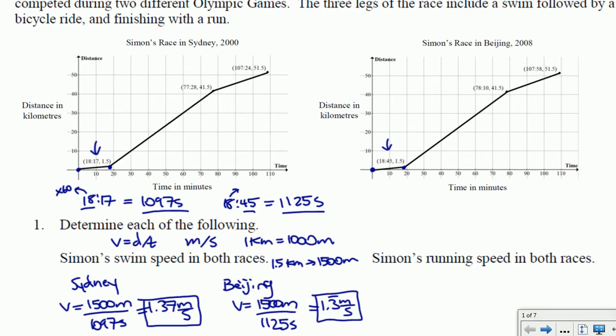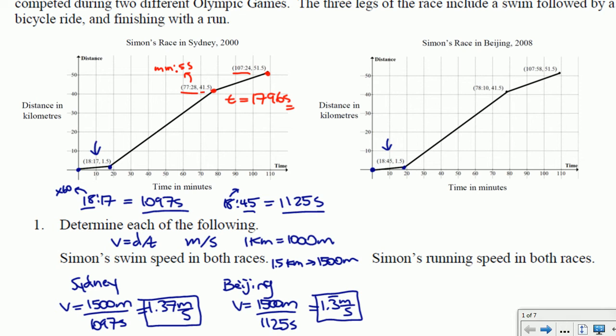And now for his running speed, we need to examine this segment. So in this segment, the time goes from 77 minutes and 28 seconds to 107 minutes 24 seconds. So that would be an equivalent time in seconds of 1,796 seconds. Again, we need to do that because this is a weird hybrid unit with minutes and seconds, so we should get it all to the same unit before we try to calculate the speed.